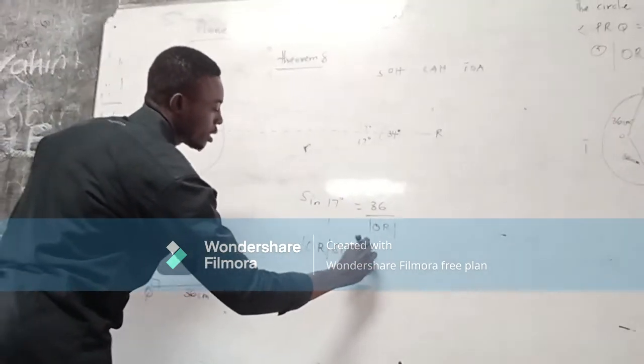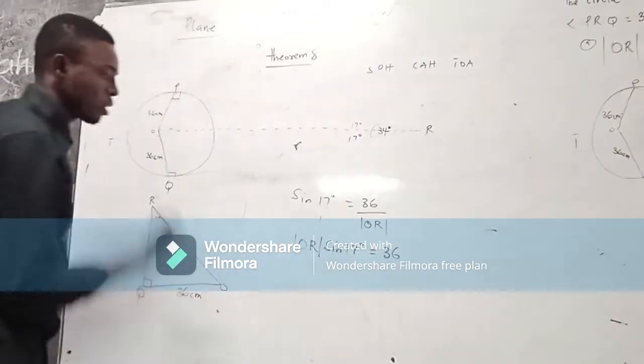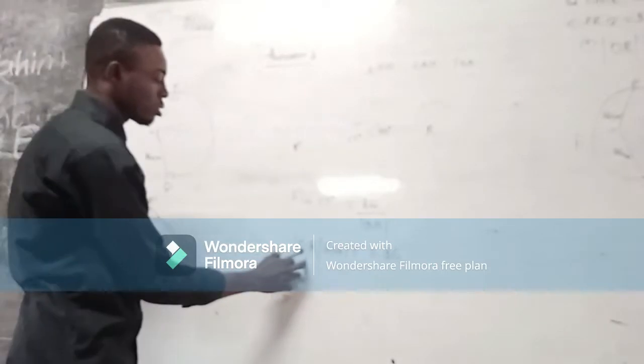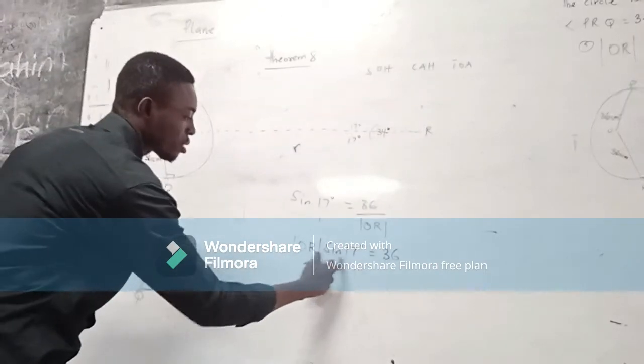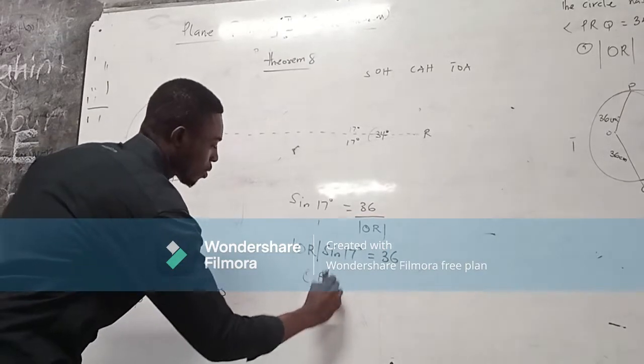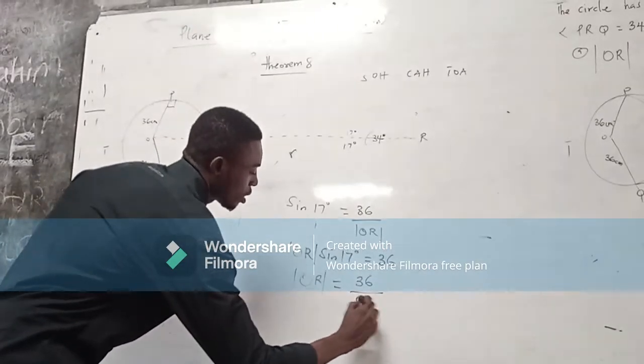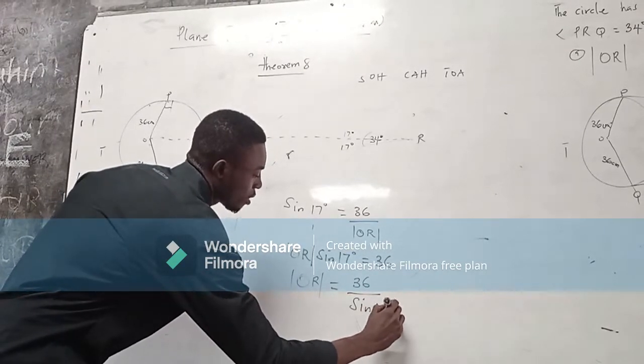Sine 17 degrees is equal to this. But we want this one to stand alone. It means that we have to divide both sides by this. So this one is going to be in this form. Sine 17.